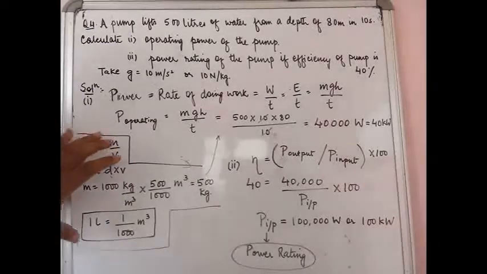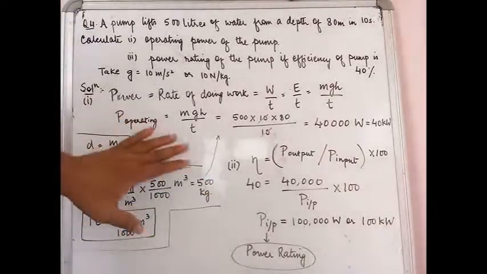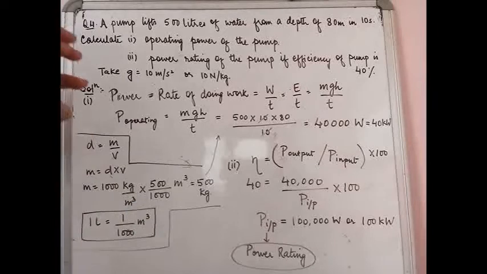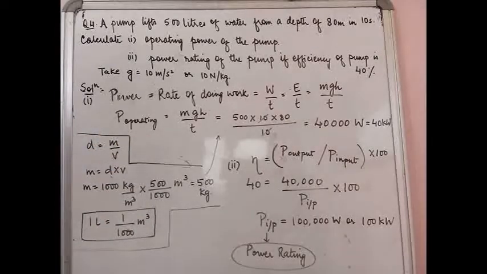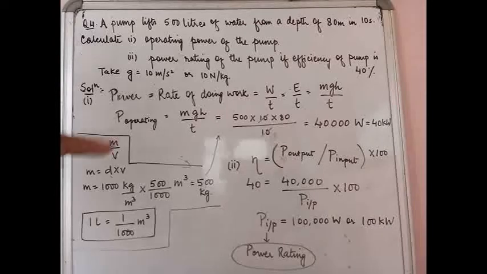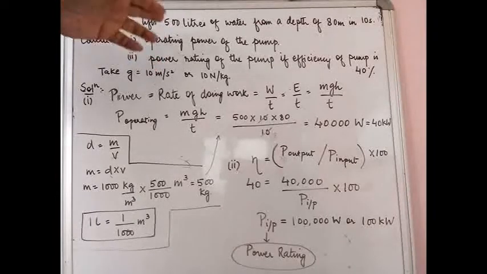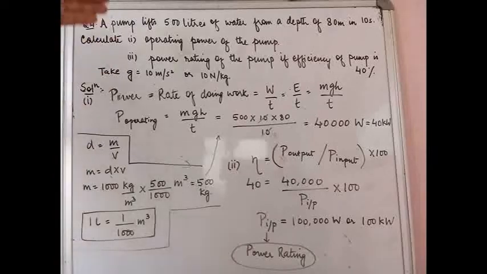Now as far as the calculation was concerned, this is the way. Although I have explained this conversion, you must always remember that because the density of water is 1000 kilogram per meter cube, whatever number of liters of water have been given in volume, that same value becomes the mass of the water.